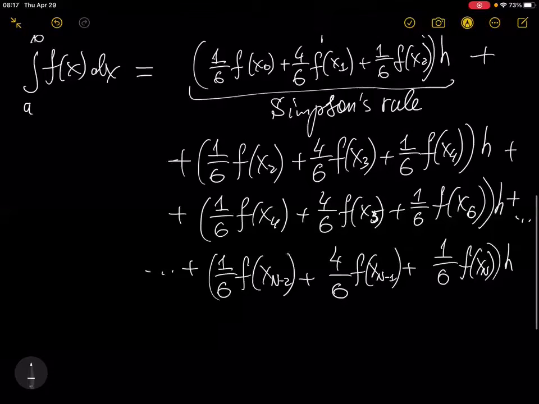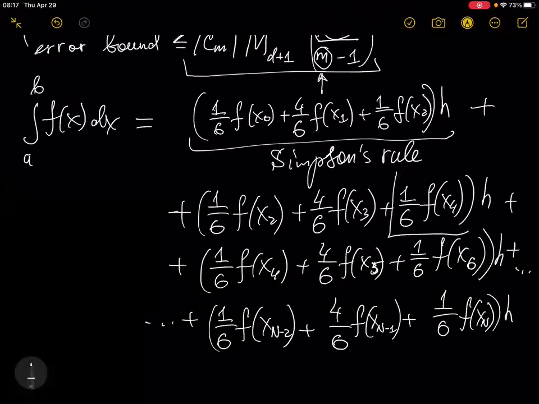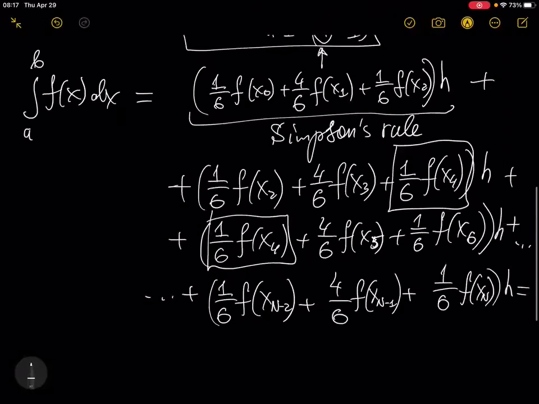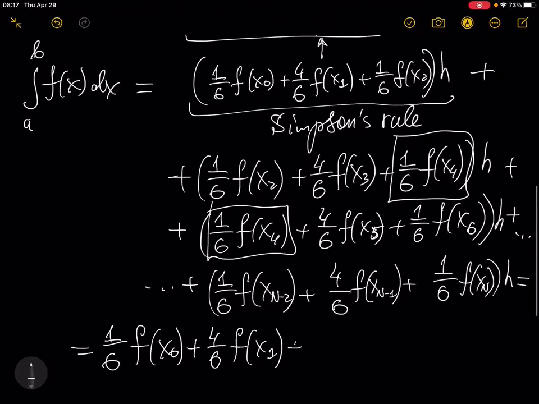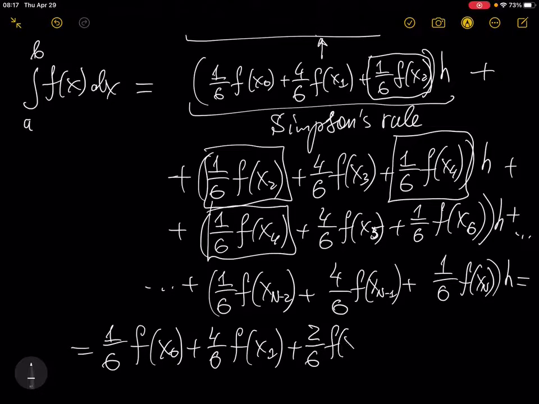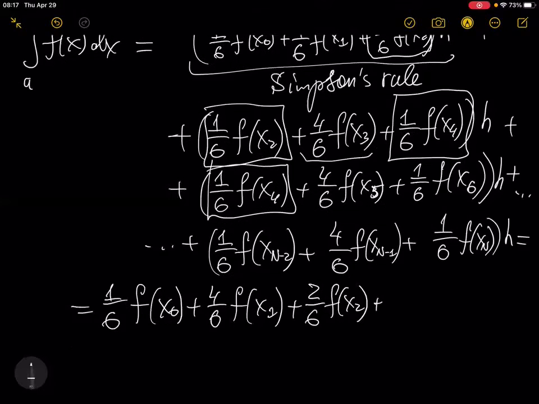What is interesting, of course, is that you don't need to do the function evaluation twice at x4. So you can just bring them together, and then you will get 1/6 f of x0 plus 4/6 f of x1 plus, look here, this and that together will give you 2/6 f of x2, right? Then this term we encounter just once, the middle point. Then here and here, again, the term comes into the sum twice.